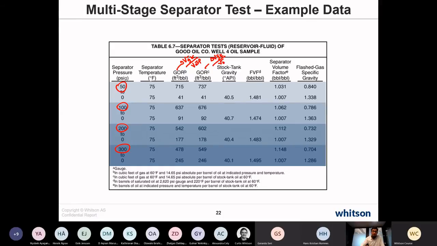If we just use this GOR, because it's easy just to add these together to get the total GOR, because both are at the same reference volume. So if you just calculate the total GOR for the different separator configurations, we can see what is the optimum separator pressure here.